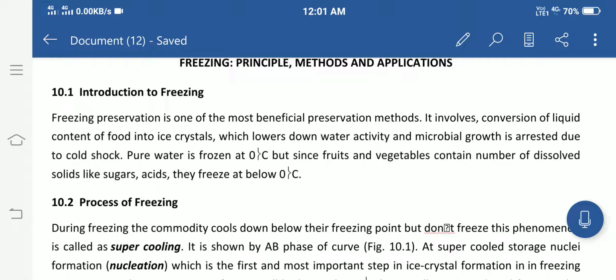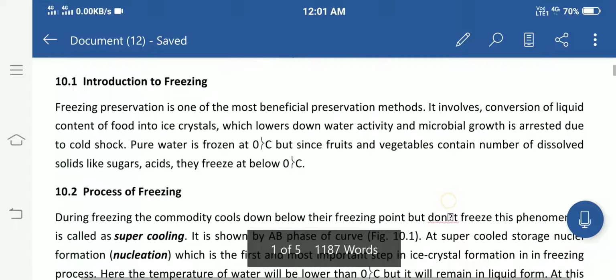Why? Because there are two forms of water available in the cell. First is bound and second is unbound. Now, what is bound water and what is unbound water in context to the microbial activity?